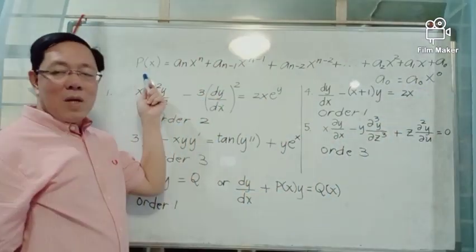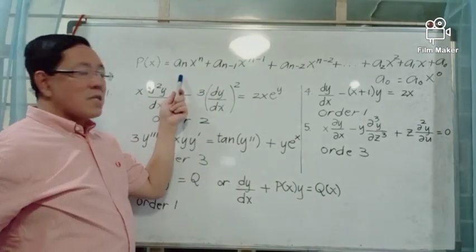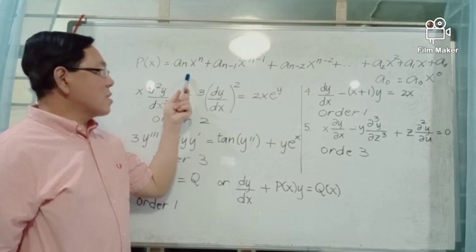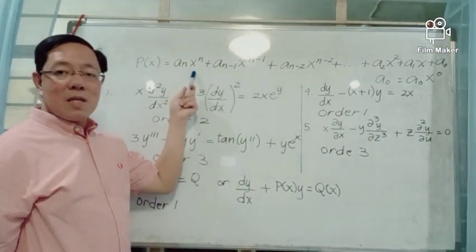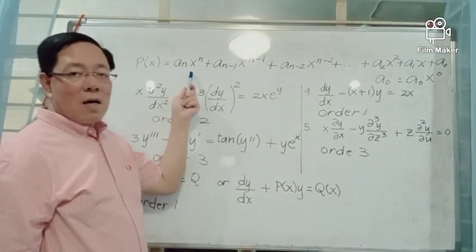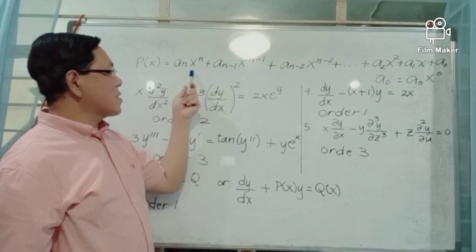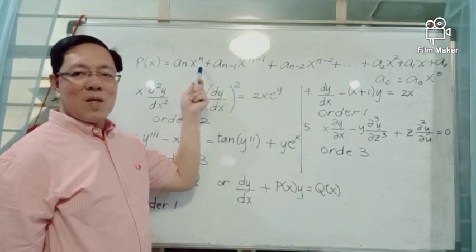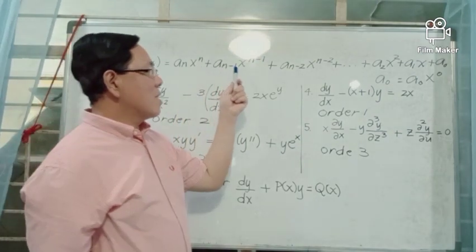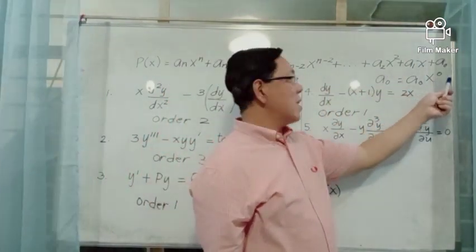Again, a polynomial expression in x can be written in this form. Its terms can be written according to the decreasing exponents or powers of x. In this polynomial expression, the first term begins with the highest exponent of x, n, and the exponent of x decreases until it becomes 0 for the last term.